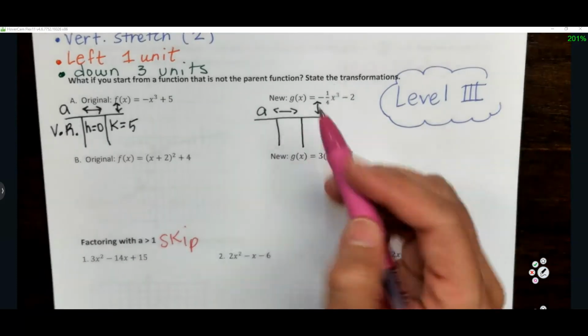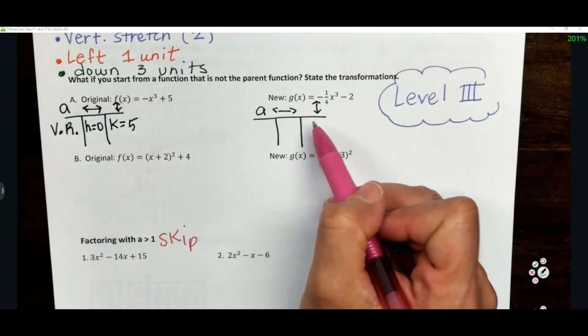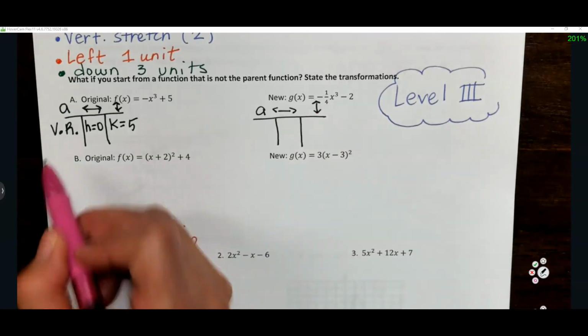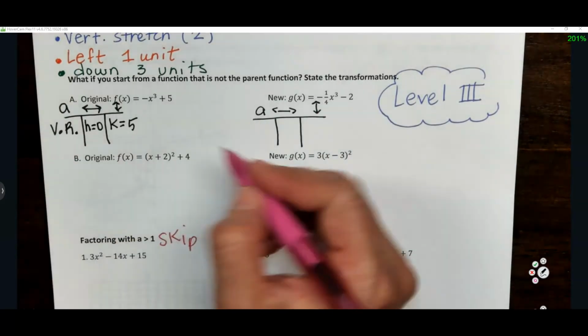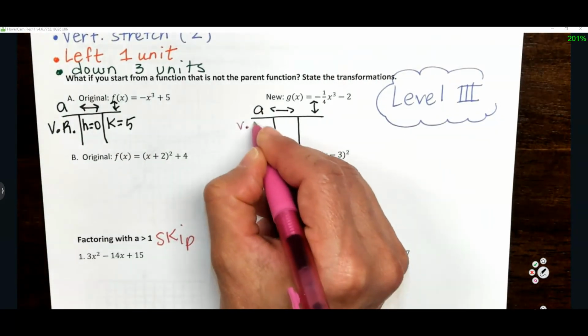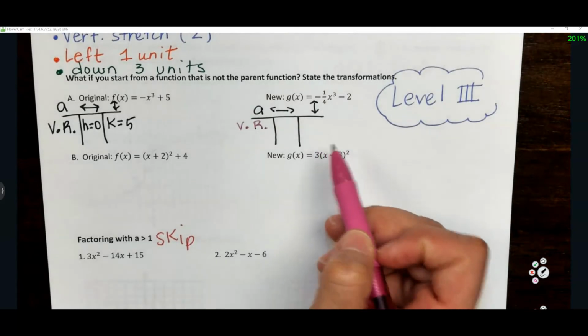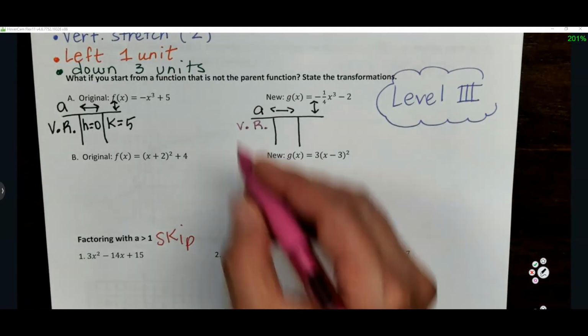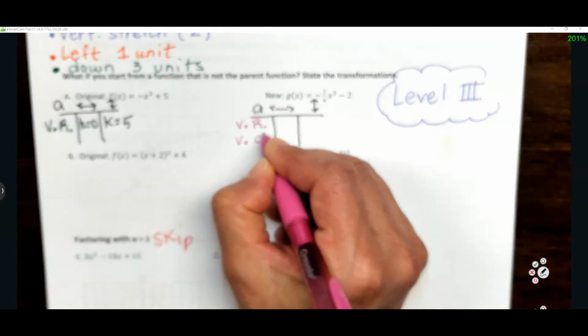All right, let's go take a look over here. So when I look at the new graph, the first thing I see is a vertical reflection. Did I already have a vertical reflection? Yeah, all right, so that's not new. But there's a number after it. That's a 1/4. So is that a vertical stretch or a vertical compression? Compression. Write VC for vertical compression.